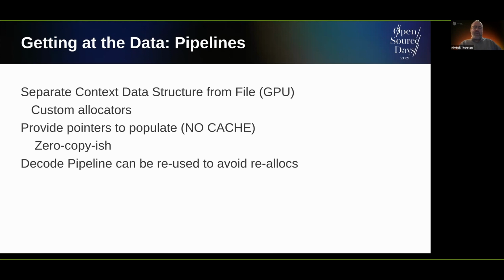In that way, this is trying to be as close to zero copy as it can be. Obviously, it's only ish. The other thing to note, which I'll talk about in a second, is that these pipelines can be reused to avoid any reallocations, since allocating buffers on the GPU can sometimes be slow.